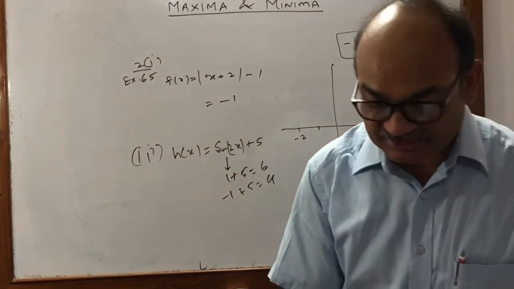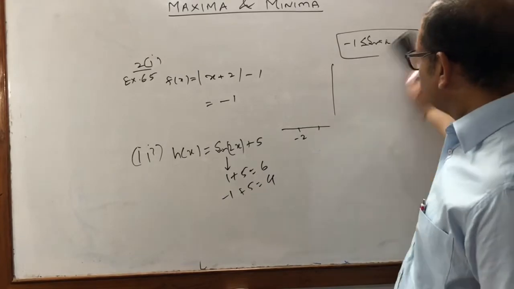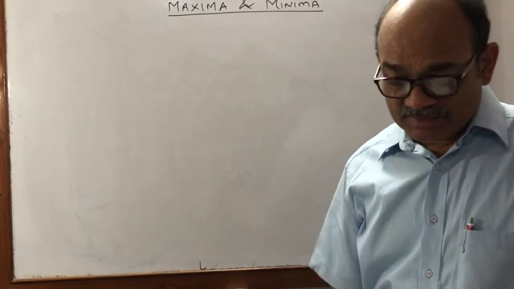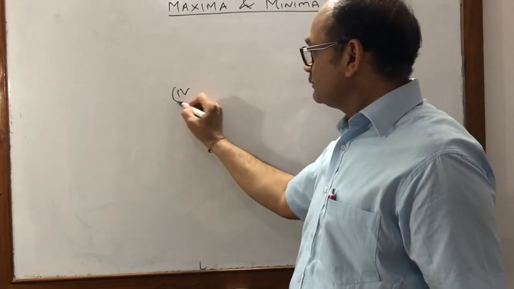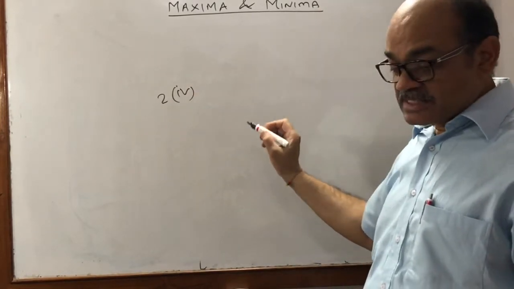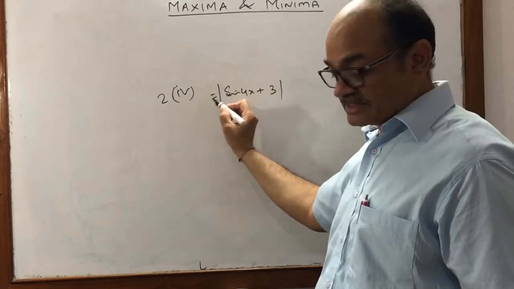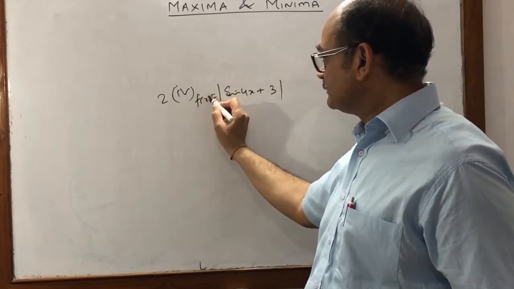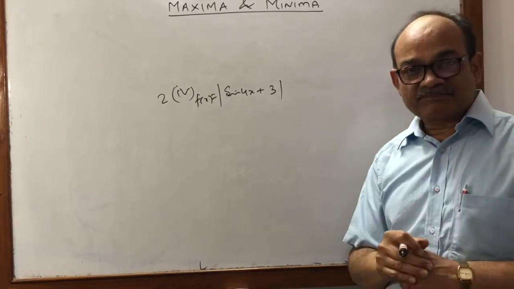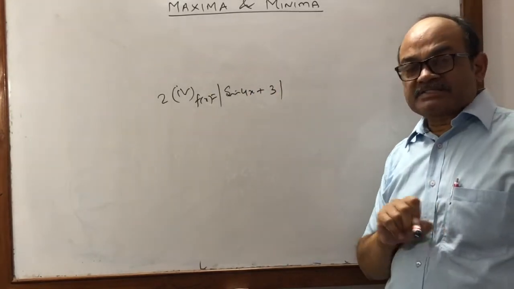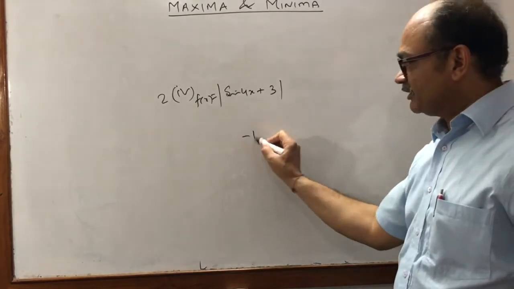And the last question of trigonometry, one more. Fourth part of the same question, second. Mod sine 4x plus 3 is function fx. Now tell me, same as the previous one. Sine 4x minimum value is minus 1.